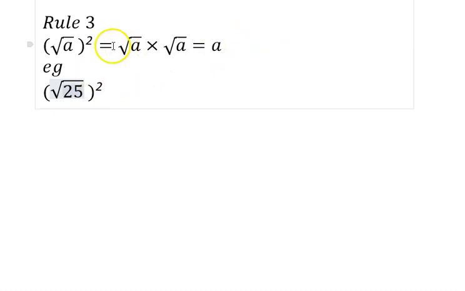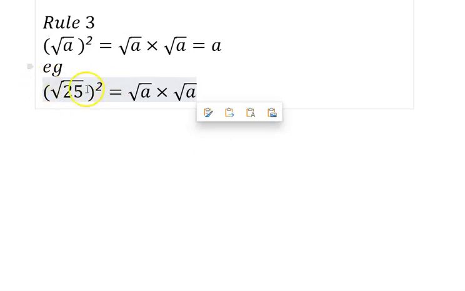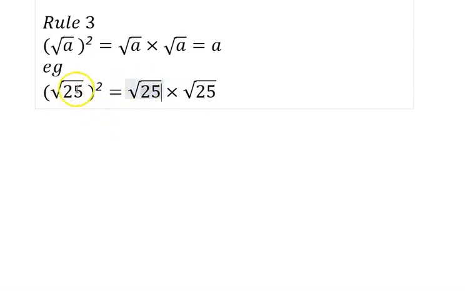Applying this rule simply means we can split this root 25 into two places. That is what the rule is telling us. So we just have our root 25 and our root 25. If you have root 25 times root 25, this root 25 is in two places. That is what it means.